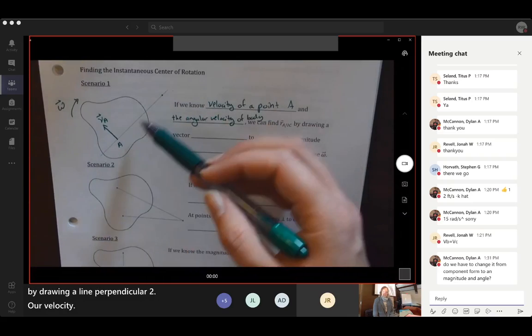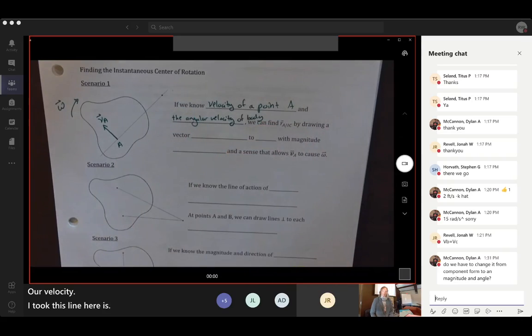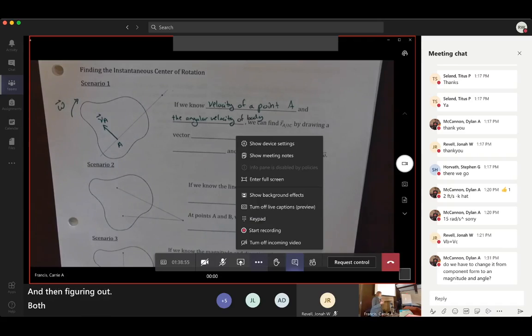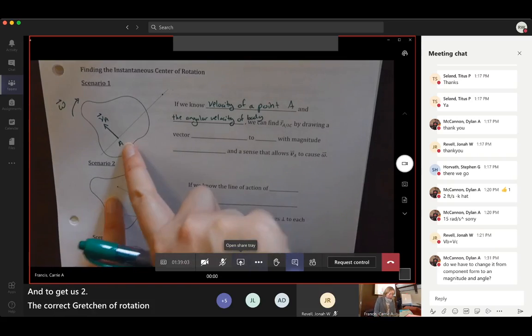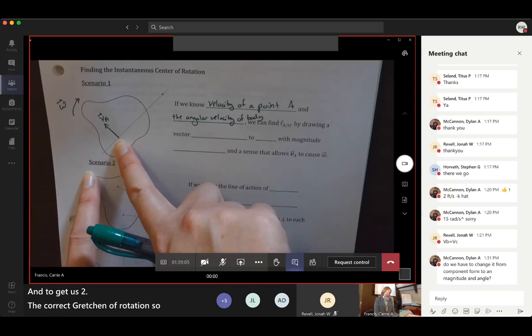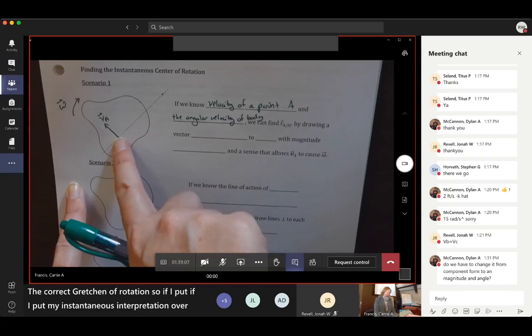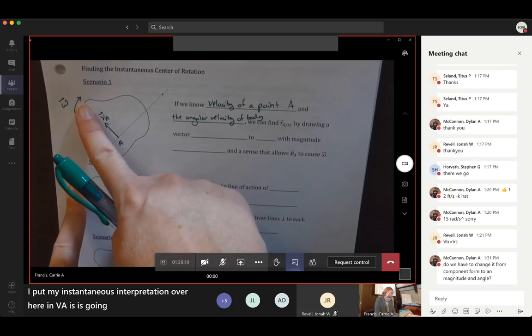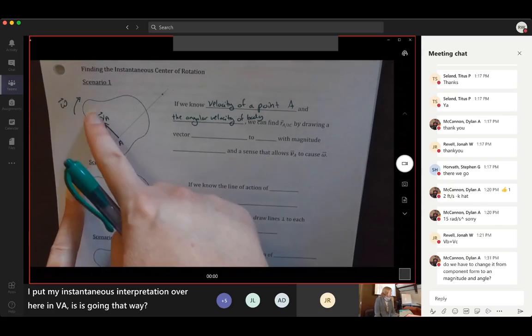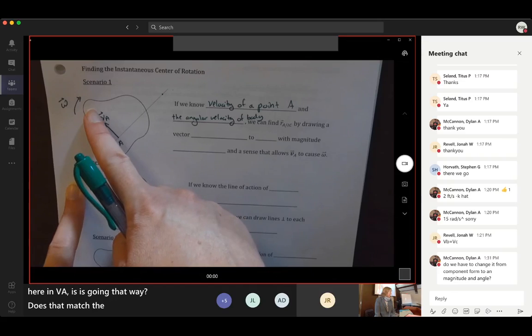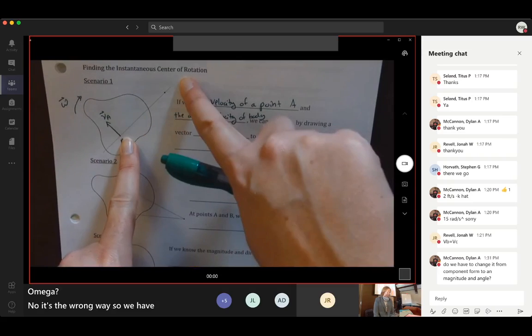That's what this line here is. And then figuring out which direction that vector has to go to get us the correct direction of rotation. So if I put my instantaneous center of rotation over here, and VA is going that way, does that match the direction I drew omega? No, it's the wrong way. So we have to be on this side of it somewhere.